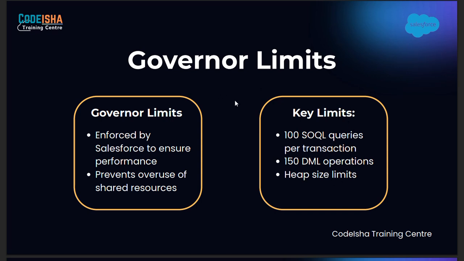Why do we need to follow these governor limits? Because Apex is a multi-tenant language, right? So for that we need to follow these governor limits.